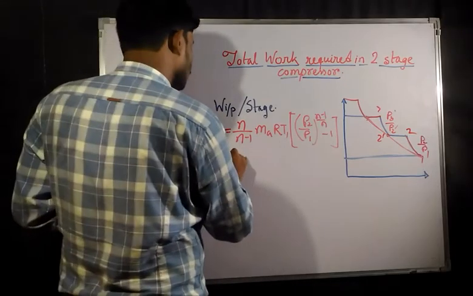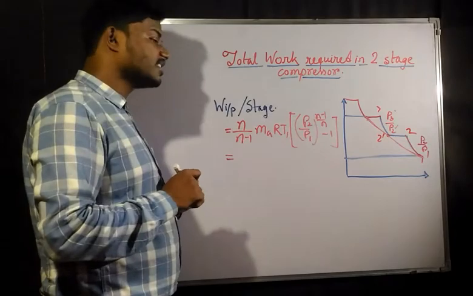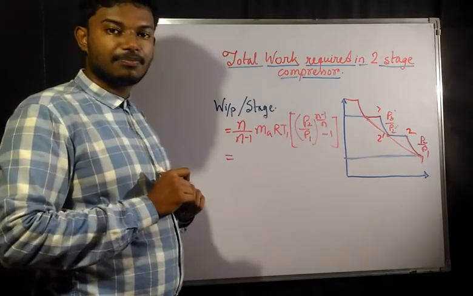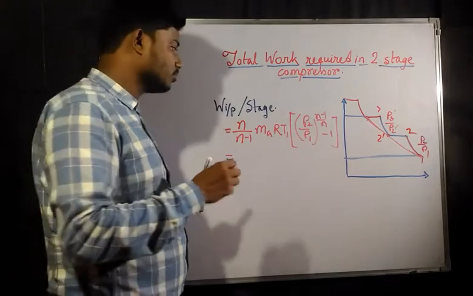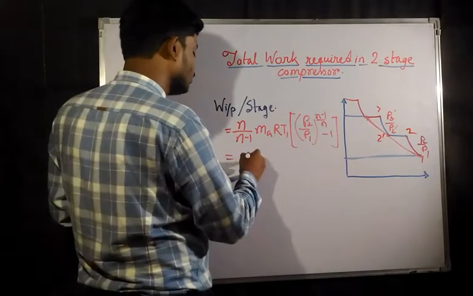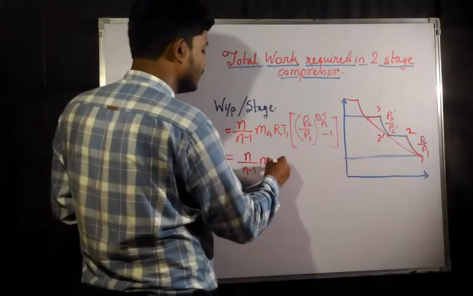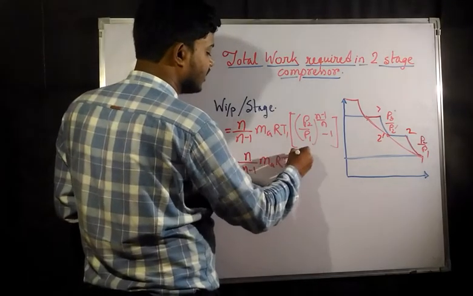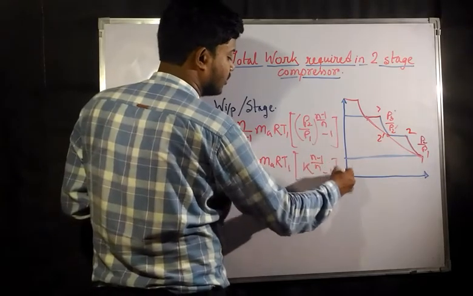Now from this, the pressure ratio is always going to be the same to get the minimum work input. If we say the pressure ratio has a value called K, then you can write this as K to the power n minus 1 by n, minus 1.